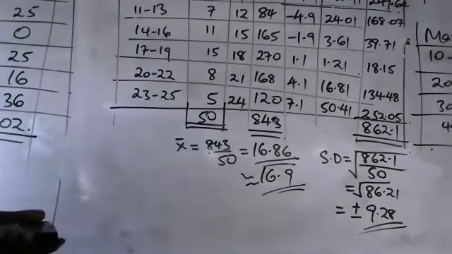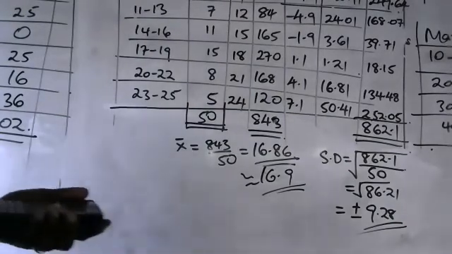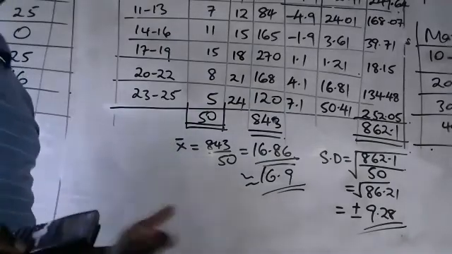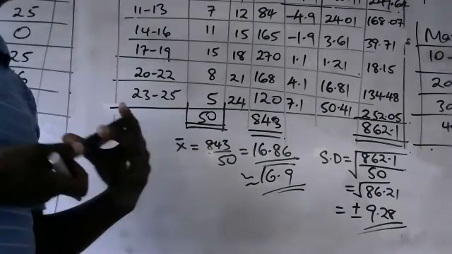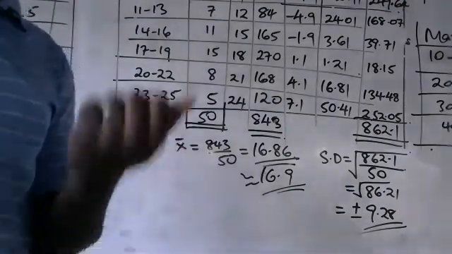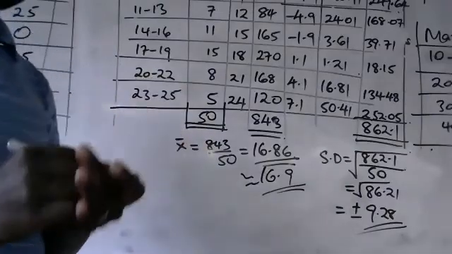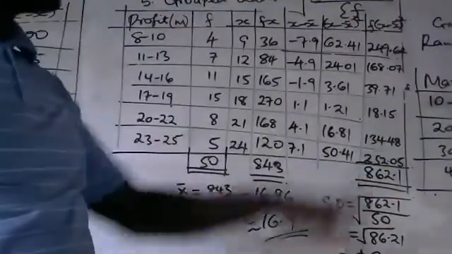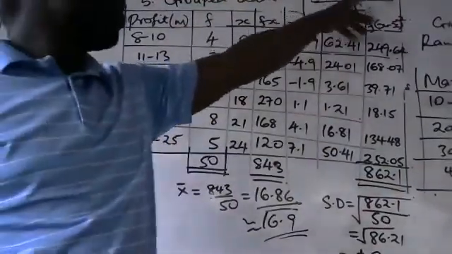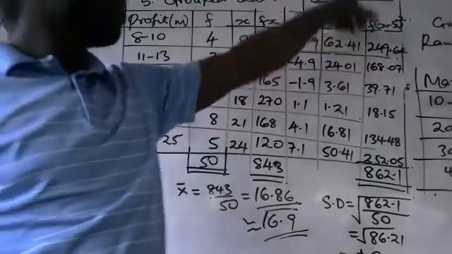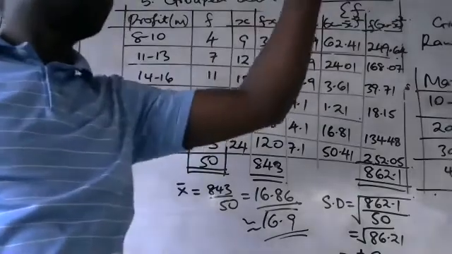It is actually very procedural. First of all, get the x bar, the normal way we normally get the mean when it is for grouped data. After getting the mean, now introduce these three columns. X minus x bar. Then that is not what we need. We need x minus x bar squared. But again, that is not the end.